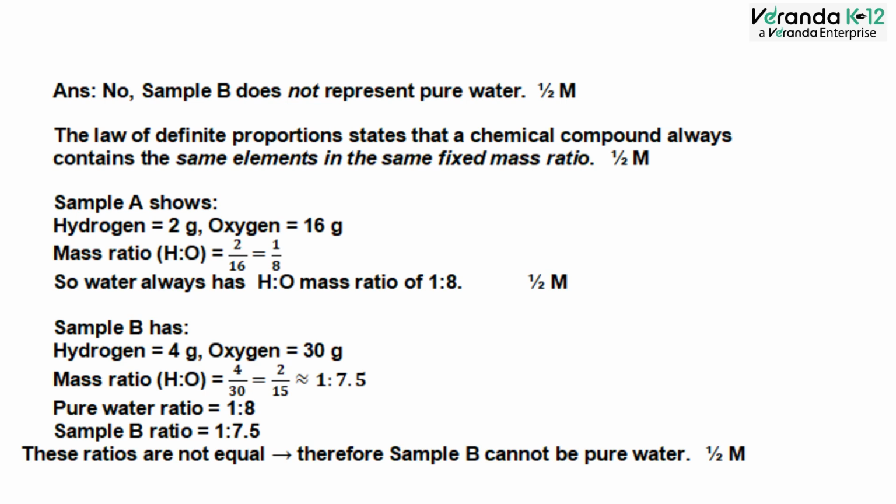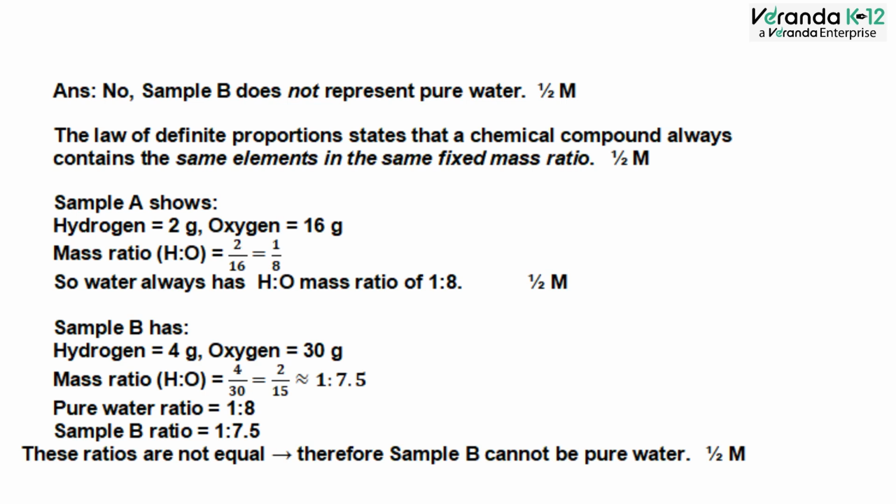The correct answer here is that sample B is not pure water, and it is based on the law of definite proportion, which says that in a pure chemical compound, the elements are present in a fixed mass ratio. If you take sample A, hydrogen is 2 grams and oxygen is 16 grams, and it is mentioned that it is pure water.